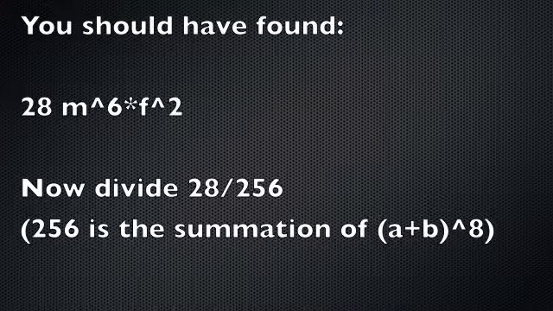So, as you should have found, you would have found 28 m to the 6th times f to the 2nd. Now divide that by the total, so 28 divided by 256, which 256 is the summation of a plus b to the 8th power. 28 divided by 256, by the way, is your answer.